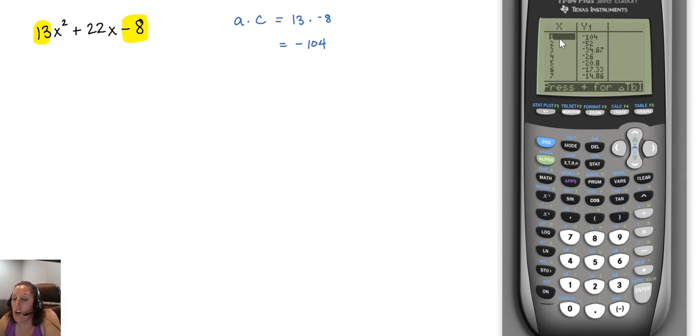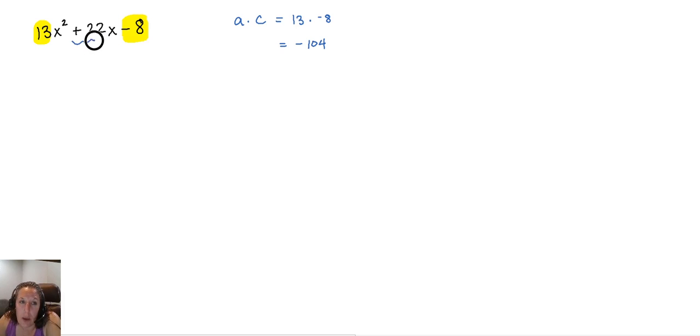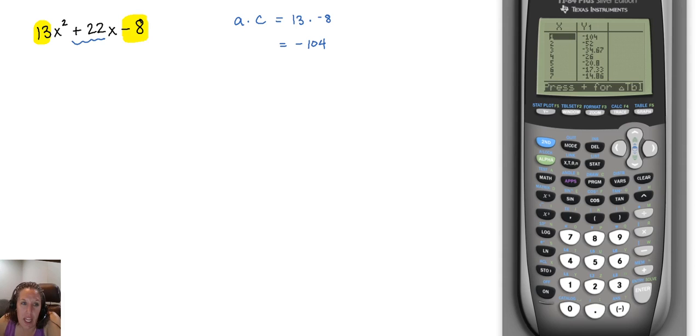And what we see here are the numbers that multiply to give us negative 104. So 1 times negative 104, 2 times negative 52, 4 times negative 26. And what we want to do is find the one that adds to give us that number in the middle, that positive 22.